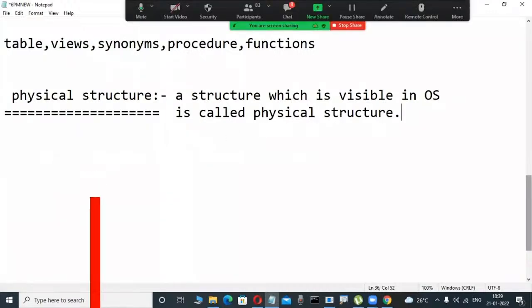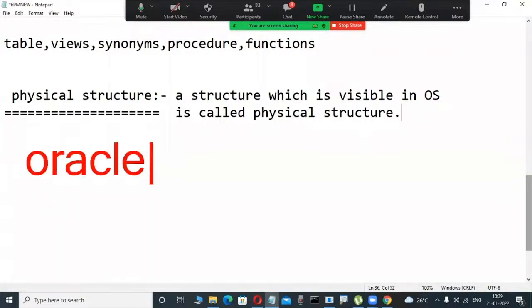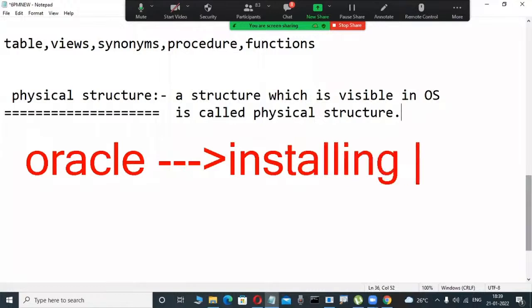Suppose I install software, some physical files are created on the disk. Whether it's PowerPoint, MS Access, Word, anything we load, physical files are created. Same with Oracle, a relational database software. MySQL, SQL Server, we install, for example. Whenever I install Oracle, physical files are automatically created.